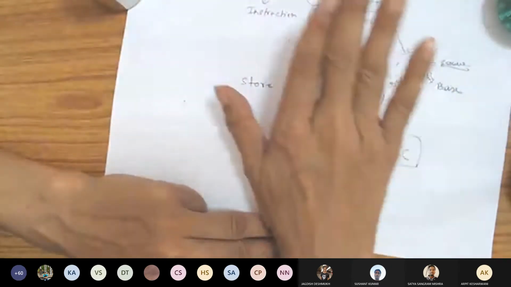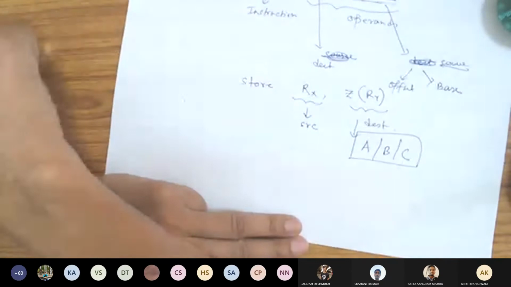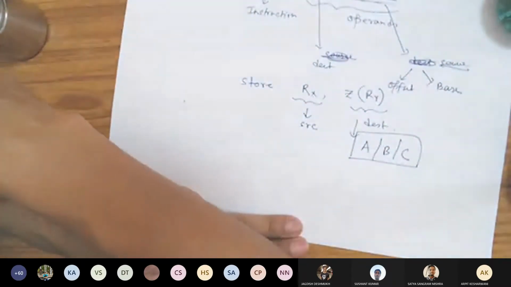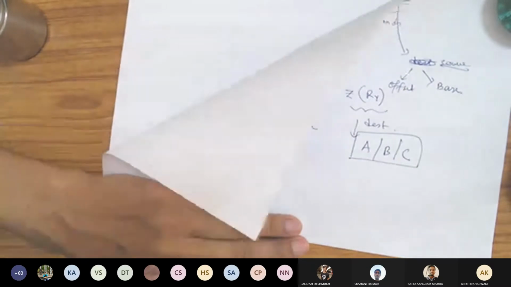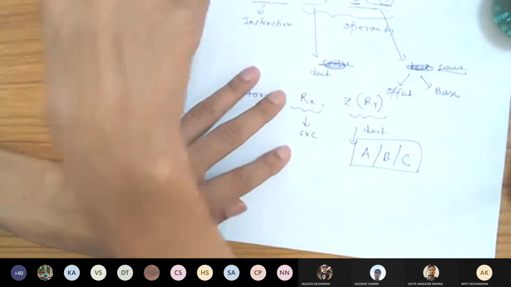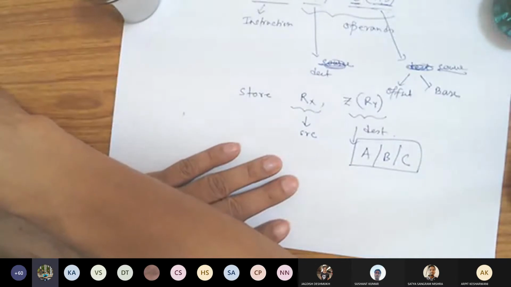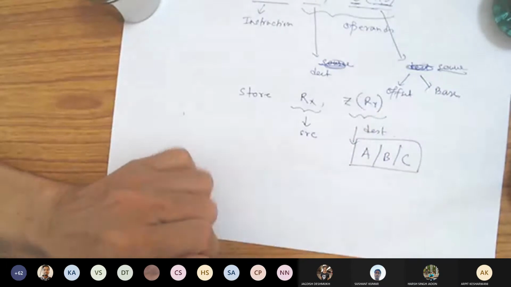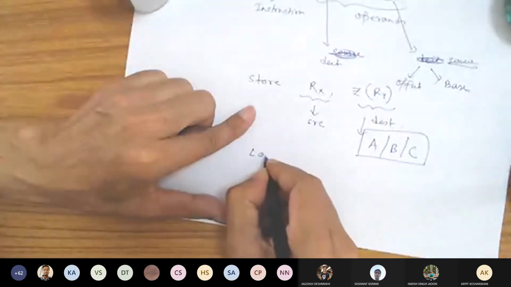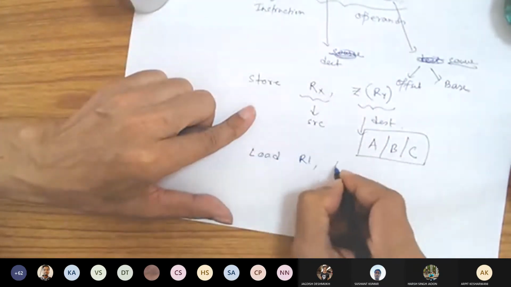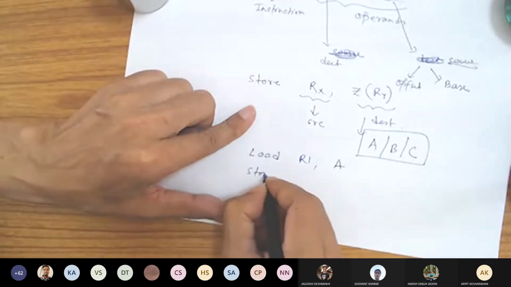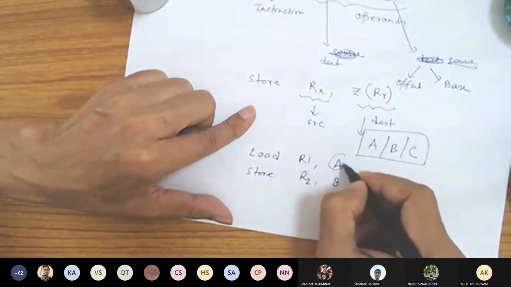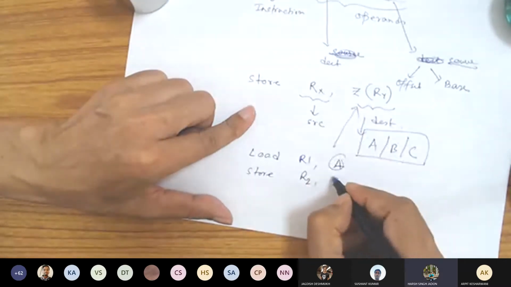So this part, is this clear now? Very simple format. You need to just remember these two formats. I mean to say that in books, you may find they are writing instructions like this: load R1, comma A. Store R2, comma B. I told you that this A actually means this, B actually means this.